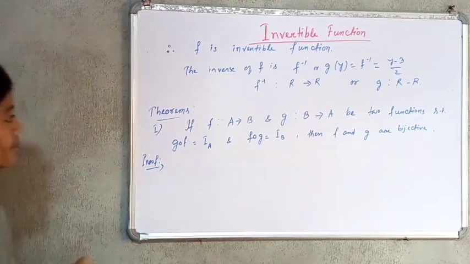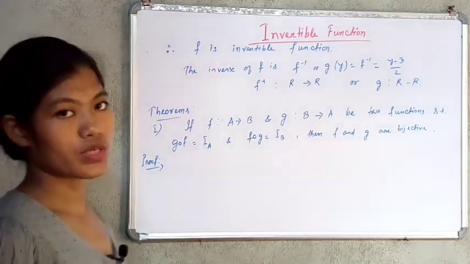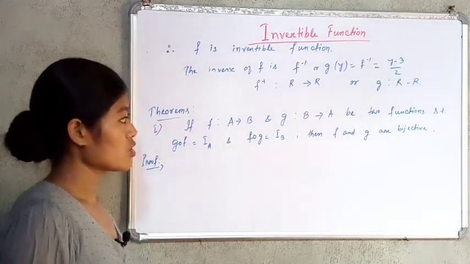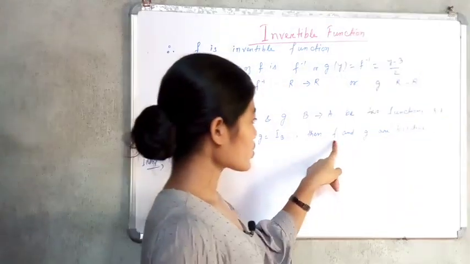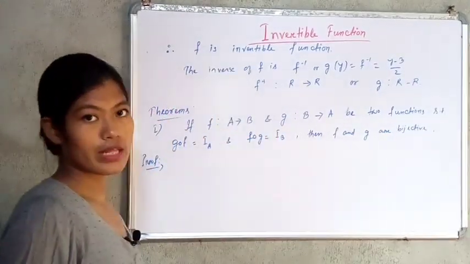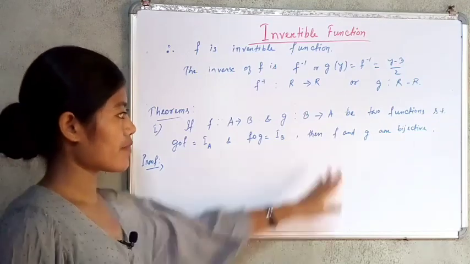So, bijective is what? Bijective is nothing but when a function is both one-one and onto. If we can show that f is both one-one and onto, and if we can show g is both one-one and onto, then only we can say that f and g are bijective.